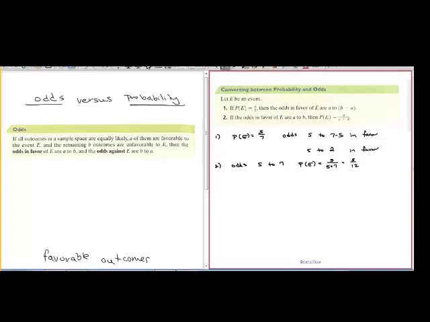Yeah, I mean, that's a little bit different. I think it's different than the odds we're talking about here. You could still use that, but I don't think it's the way that odds are used. I think with something like that, if you had, let's say, 3 to 2, you would have 5 games.